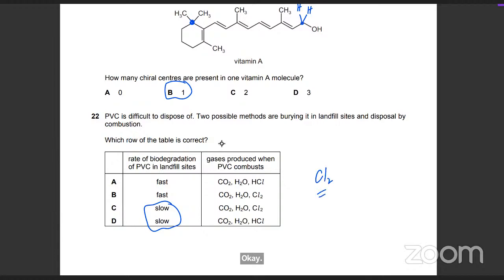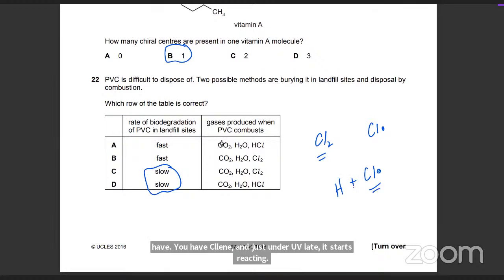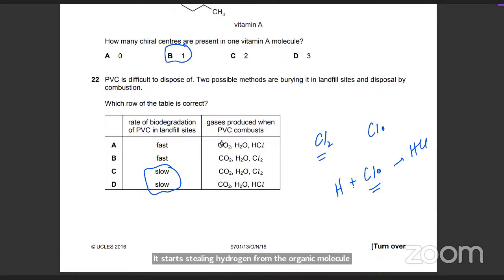When you're heating it, and there's light as well, chlorine radicals will be formed, and chlorine radicals will react with the organic molecule. It's free radical substitution, the same thing, right? You have chlorine, and just under UV light it starts reacting. It starts stealing hydrogens from the organic molecule and forming HCl. So it's definitely going to be HCl, not Cl2. Is this point clear?